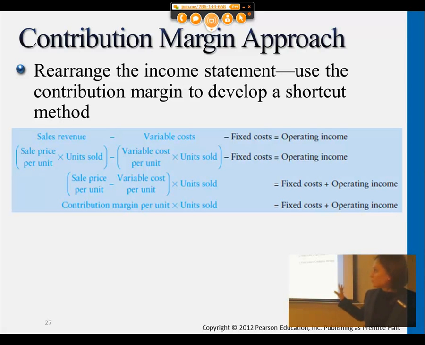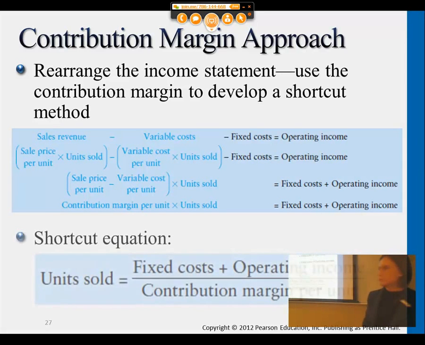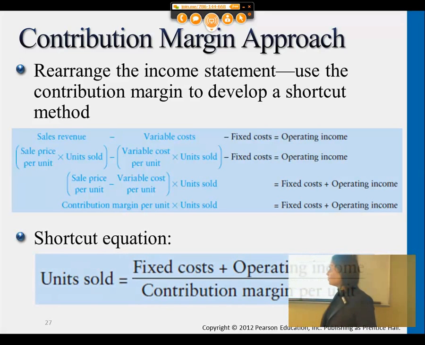Now, let's look at how we find the formula itself. To figure out how many units we need to sell to break even, I need fixed costs and my operating income, I sum those up, and I divide them by the contribution margin per unit. And my contribution margin per unit is the difference between the sales price per unit and the variable cost per unit.